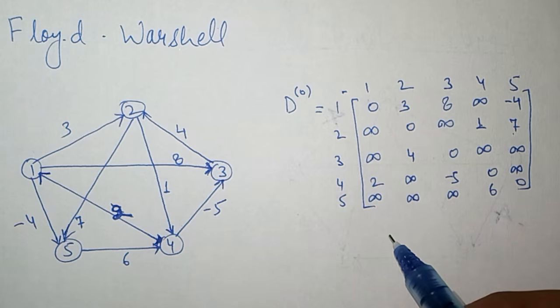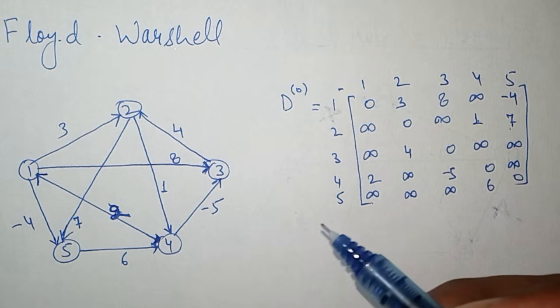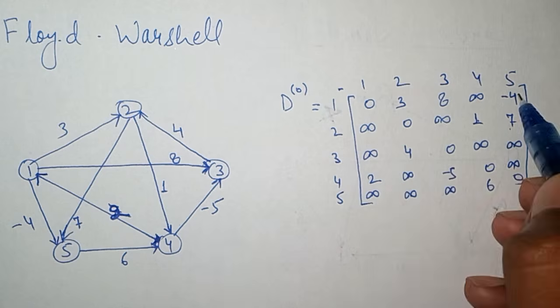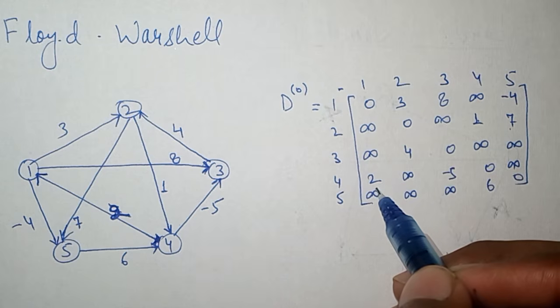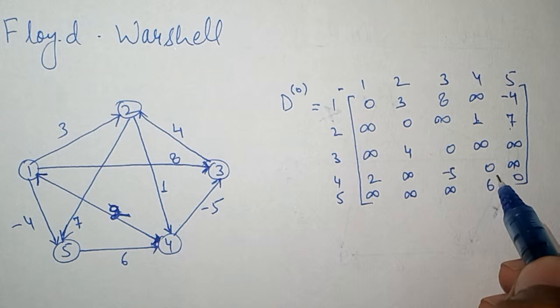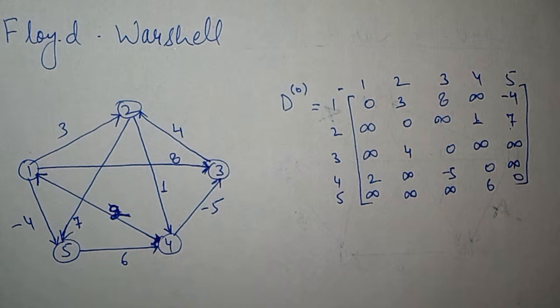The D1 matrix can be found using the D0 matrix in such a way that the first row and first column of the D1 matrix will be the same as in the D0 matrix, and the diagonal elements of the D1 matrix will also be 0. So let's check this out.